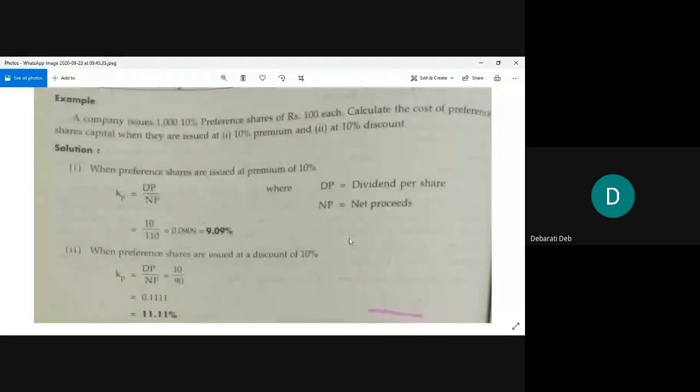The company is issuing 1,000 shares, that will not be required for the solution. But 10% dividend payment is done on the preference shares whose par value is rupees 100. Calculate the cost of preference share capital when they will be issued at 10% premium and 10% discount. Do it, practice it.